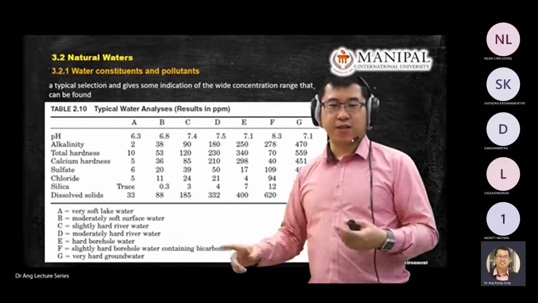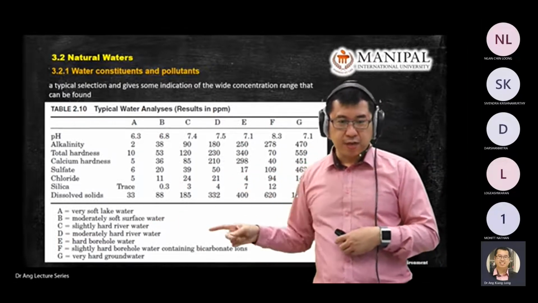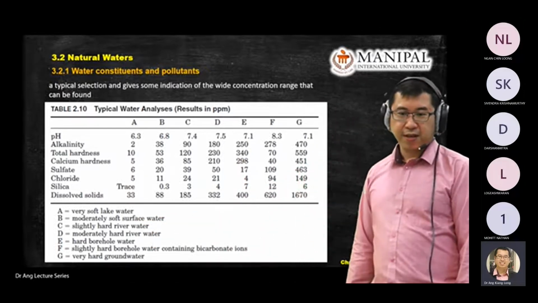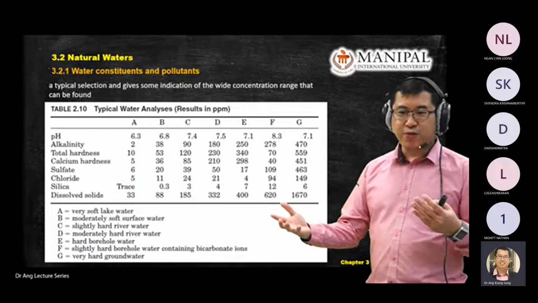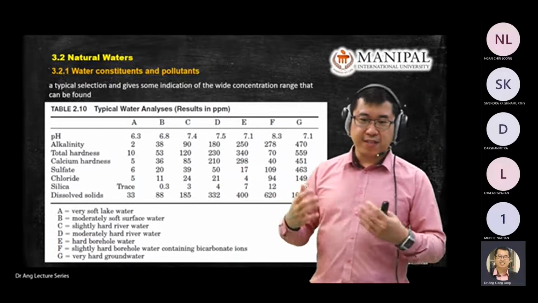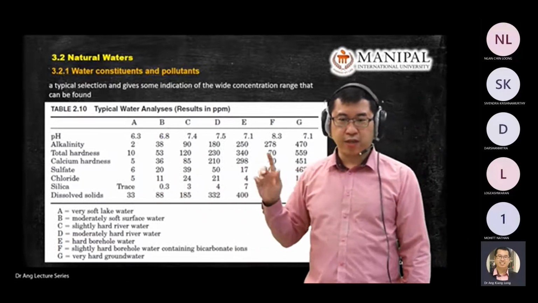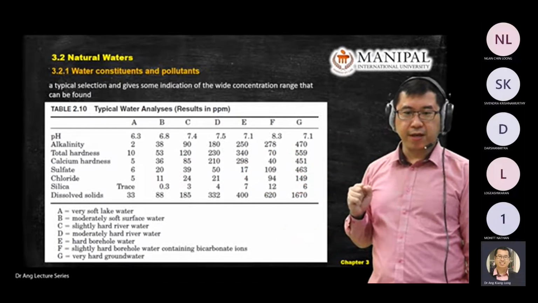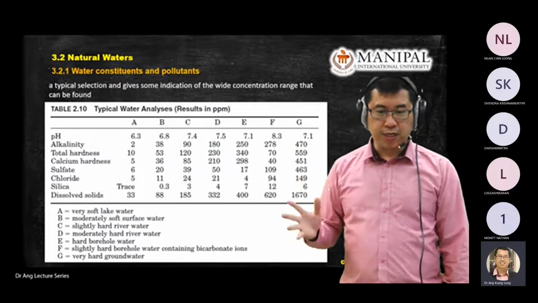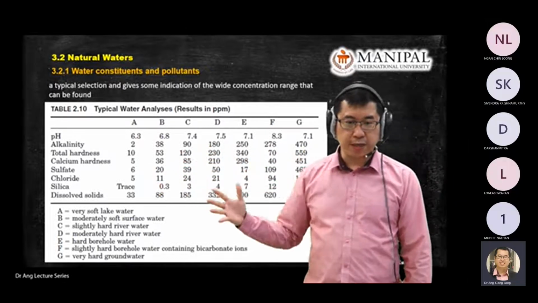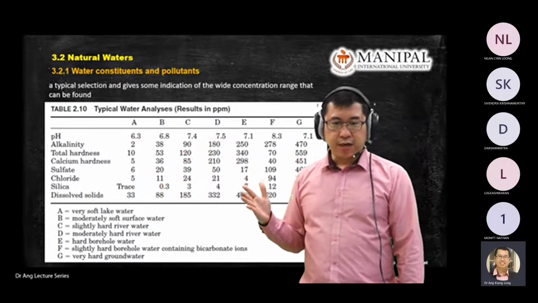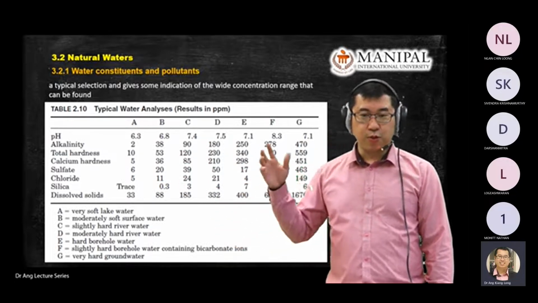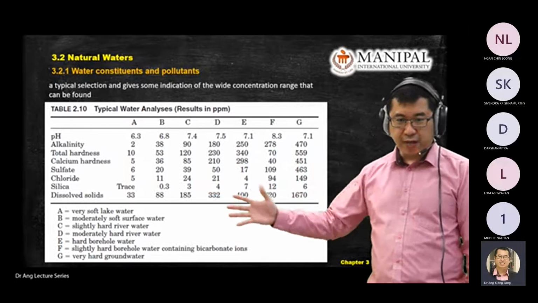How hard is that water? It depends on all these values. It can be very soft, it can be very hard. Soft and hard are very subjective, but in a scientific way, we can quantify with values. This is how you communicate in the engineering community. How soft is soft? How hard is hard? So you quantify with a value here.